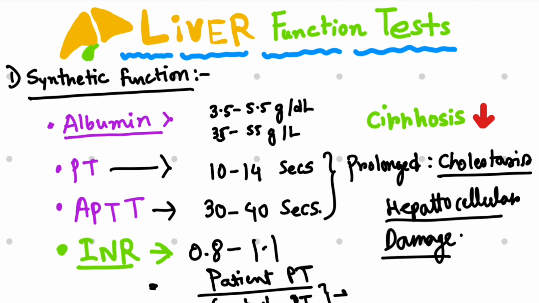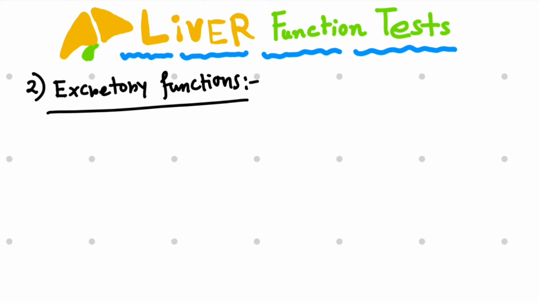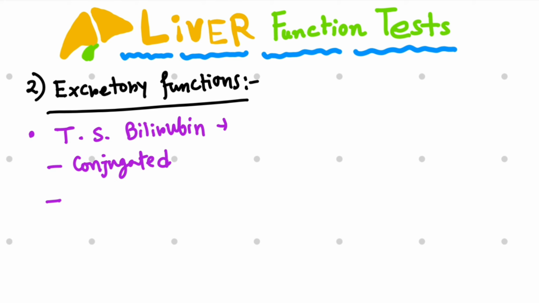Now, to assess the excretory functions of the liver, we measure bilirubin. Basically, we measure total serum bilirubin. Then we divide it into conjugated bilirubin, and we can measure unconjugated bilirubin separately. Now they have very much diagnostic value.